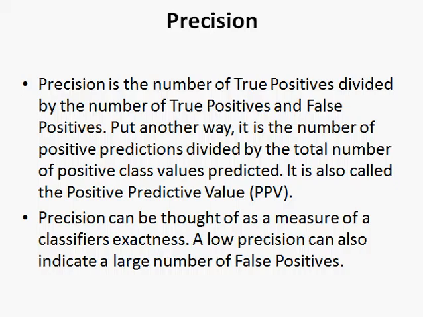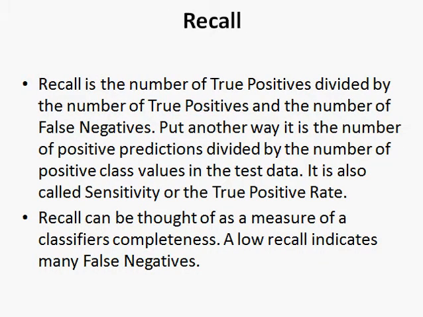Now if we compare that with the recall value. Recall is the number of true positives divided by the number of true positives and the number of false negatives. So it's really how many of the real values that should have been predicted did we get for this particular class. For precision, we were saying of all the ones that we said were going to be of class, say 1, how many of those were accurately classified?